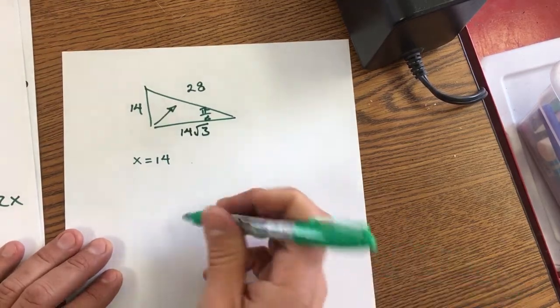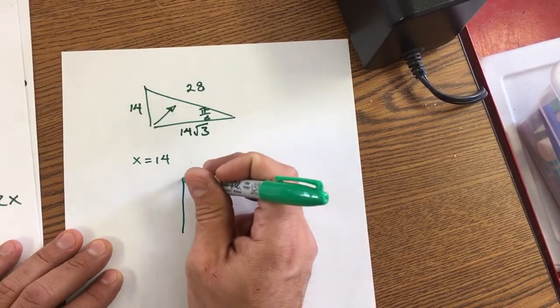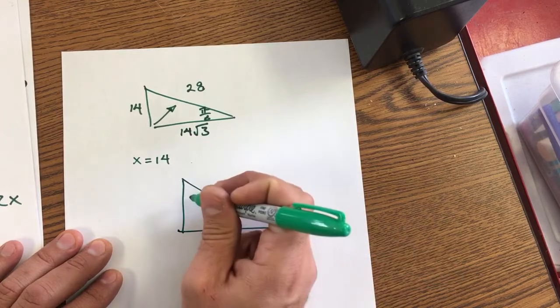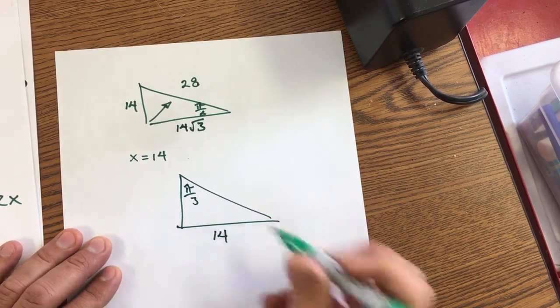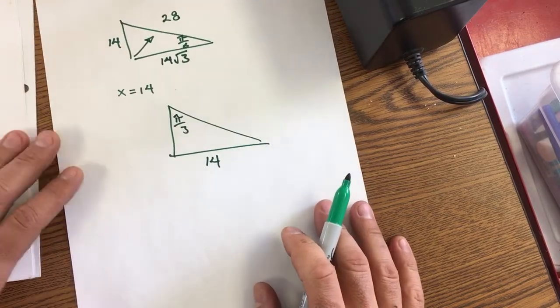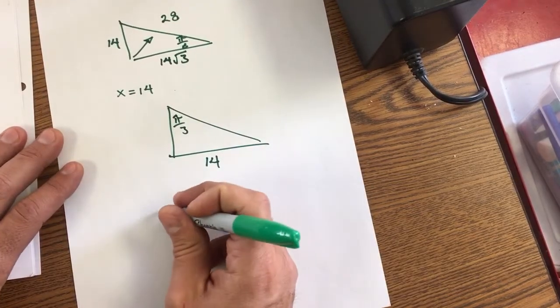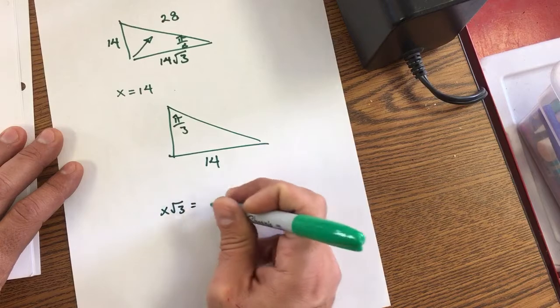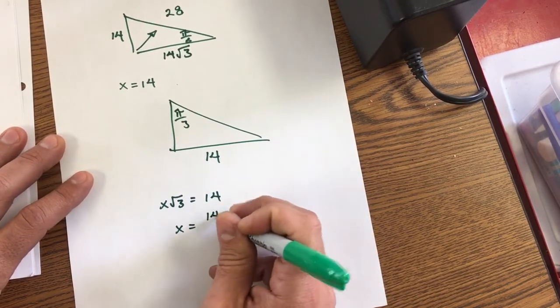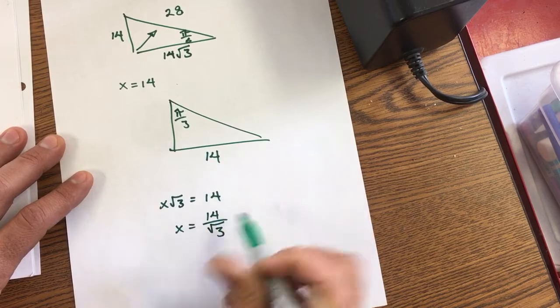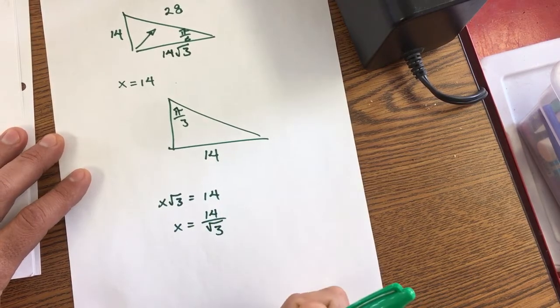Now the only thing that really changes here is when I have something that tells me this side is 14. So now I say, okay, well my x square root of 3 equals 14. So that means x equals 14 over the square root of 3, because I would divide by that to get the x by itself.